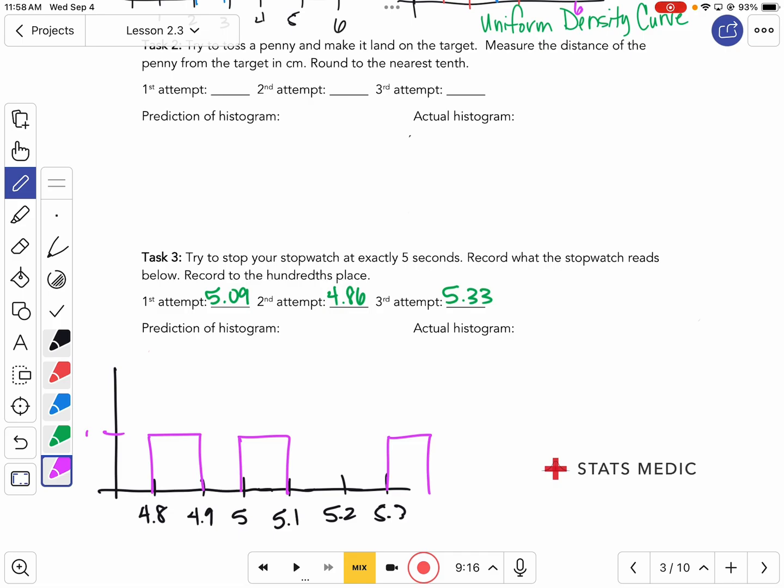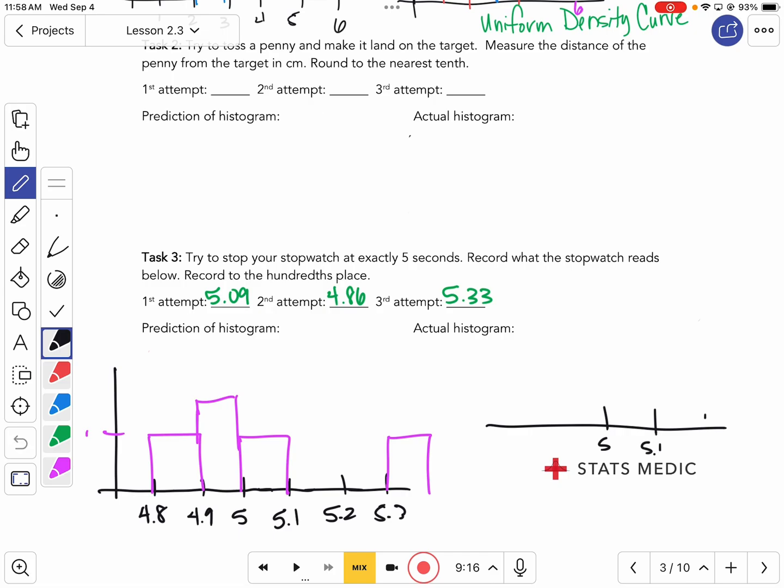Like you had, Eli, 4.99, 4.98, so you would have had 2 right here, okay? Lots of interesting things going on. What do you think's gonna happen as we get farther and farther away from 5?